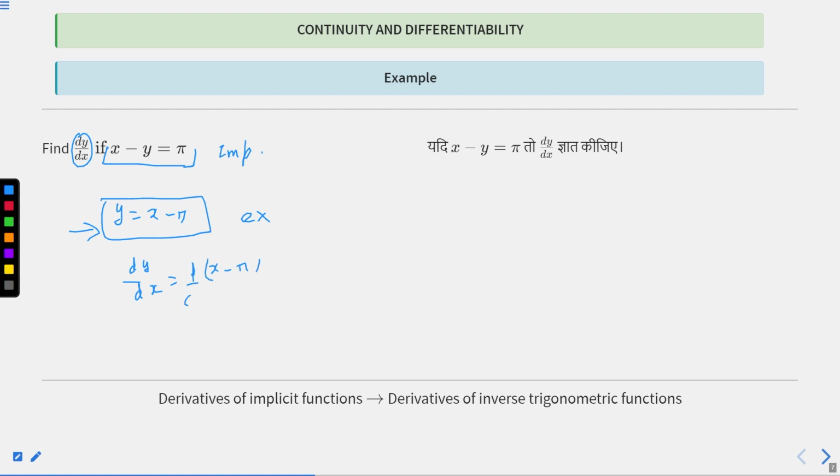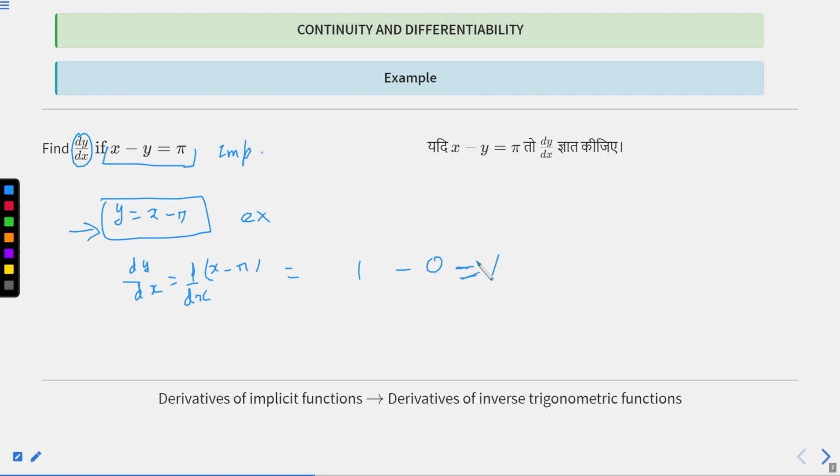So this can be rewritten as d by dx of x minus pi. Now differentiate x with respect to x and differentiate pi with respect to x. You know pi is a constant, so it will become 0, and differentiating x with respect to x gives just 1. So dy over dx is equal to 1. Okay, so far so good.